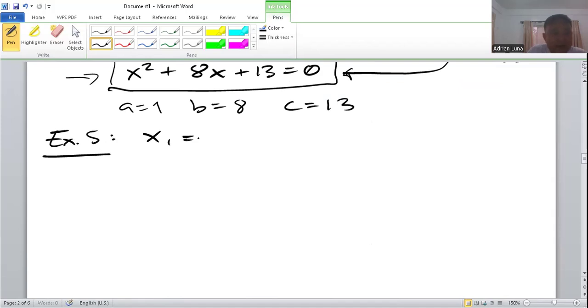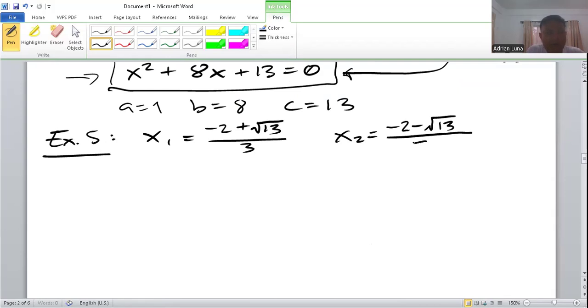X of 1 is equals to negative 2 plus square root of 13 all over 3. And yung x of 2 natin is negative 2 minus square root of 13 all over 3. Gamitin naman natin to kasi di pa natin to nagagamit. R1 plus R2 x plus R1 and R2.